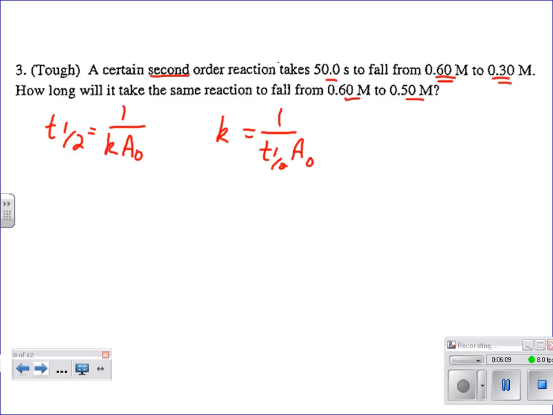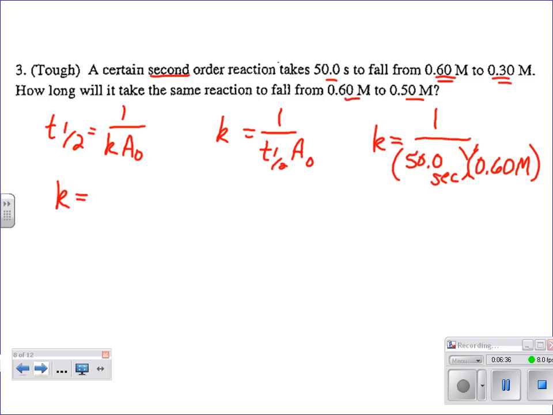So when I plug this in, I get k equals 1 over, my time is 50 seconds, and my original concentration is 0.6 molar. So that's one way that we could do it, and we solve for k, and we end up getting that our k value equals 0.033.